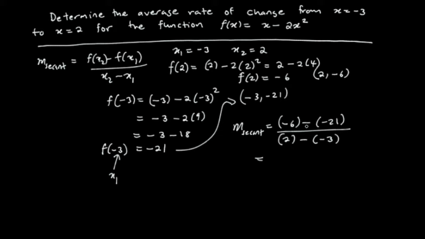So if you do all these operations, you get -6 minus -21, so -6 plus 21, you get 15 over 2 minus -3, which is 5. So the slope of the secant is basically 3. Okay, so that's the slope of the secant.